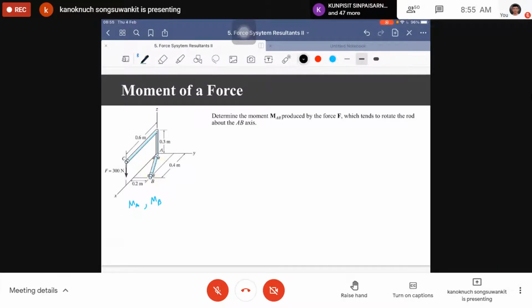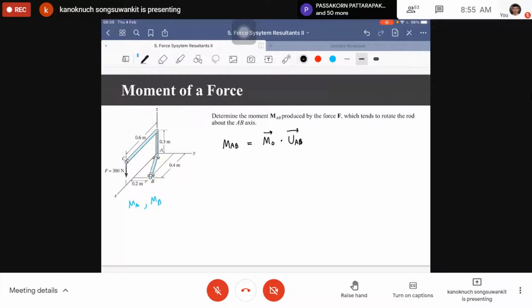We all know that the moment about any axis, in this case MAB, must be the moment produced by the force F. This moment depends on the rotation point, MO, and then dotted with a unit vector along AB.